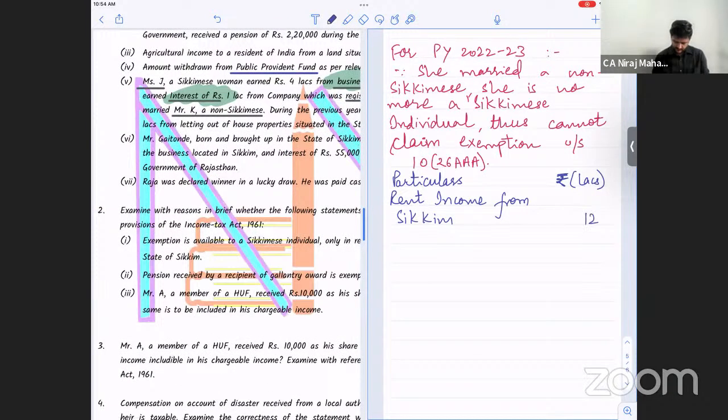Will it reduce or not? Not reduce. You cannot reduce now, because she cannot take the benefit of 10(26AAA) now. Clear, all of you? Nice. Let's go ahead.